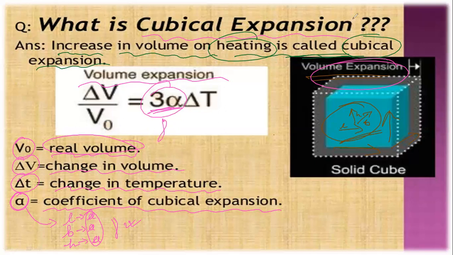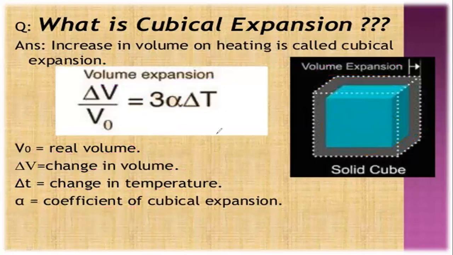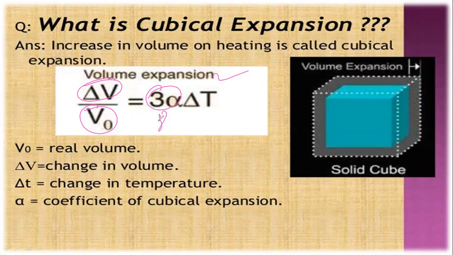So when you are expressing it, means तुम जब इसको दिखाना चाहते हो एक न्यूमेरिकल एक्सप्रेशन में या फिर एक इक्वेशन के बेसिस पर, so you can use this formula. Over here you have the change in the volume, this delta V upon the actual volume is equal to the cubical coefficient, because the length, breadth, and height, all three components are changing.